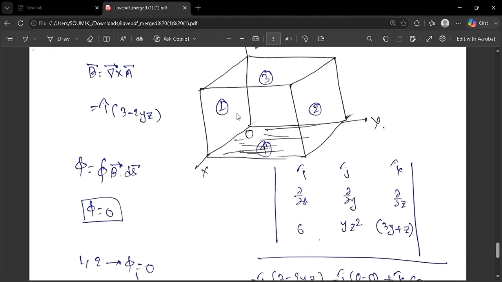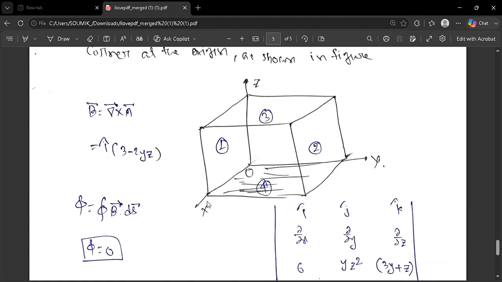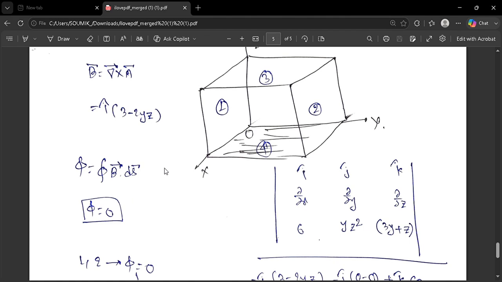So from the x equals 0 and x equals 1 planes we can find the flux, and again the flux from these surfaces will be 0. So the total magnetic flux, except this excluded surface, will also be 0. So the answer will be 0.